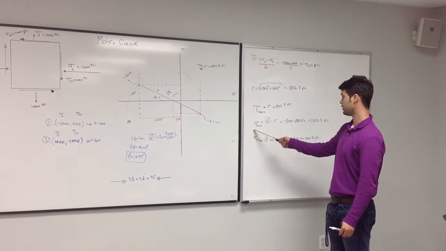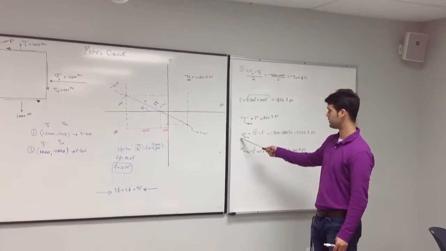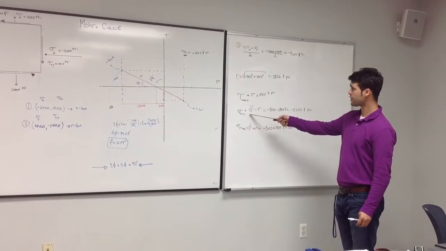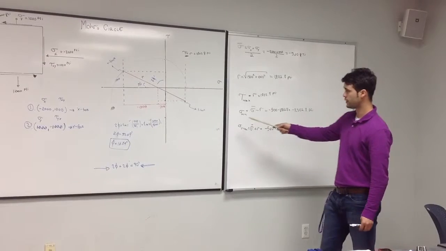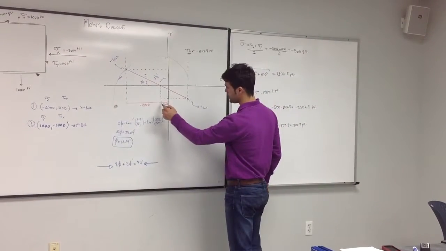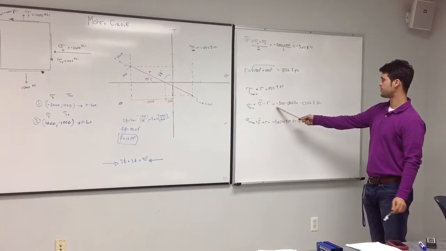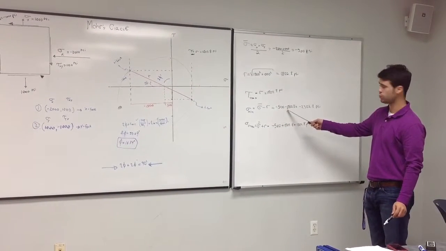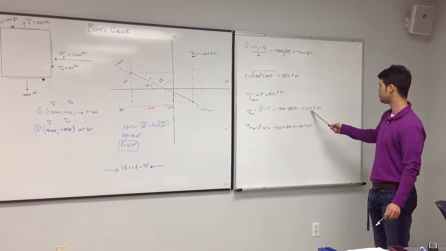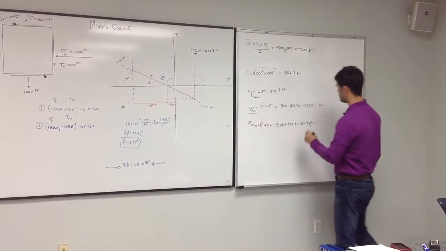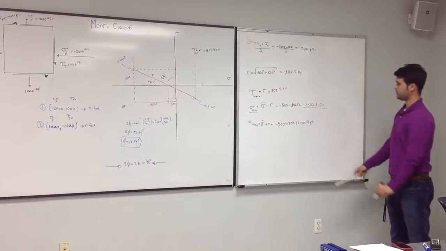So the minimum normal stress is the average, sigma bar, minus the radius, which is this distance here. Negative 500 minus 1802.8 equals negative 2302.8 psi. So our sigma min is negative 2302.8 psi.